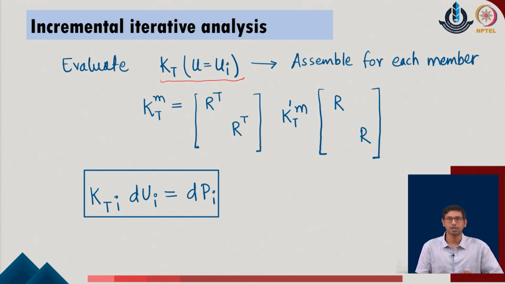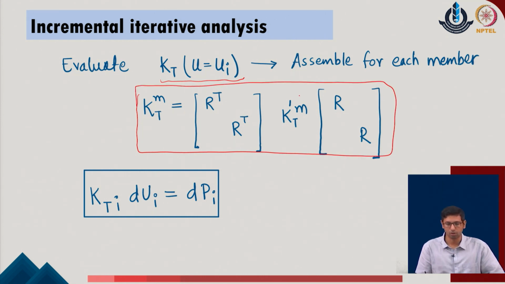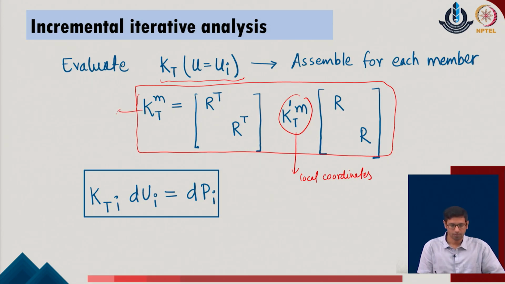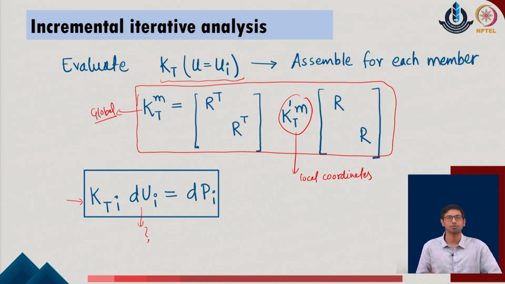This is being done for each member of the given system. So, for each member we will convert this stiffness, which is defined in the local coordinates, to the global coordinates of the given system. Using the general transformation rule, we are able to convert the expressions from the local coordinate to the global coordinate of the given system. And finally, with this idea, we are able to express this relationship where d of ui, the increment in the displacement, can be calculated.